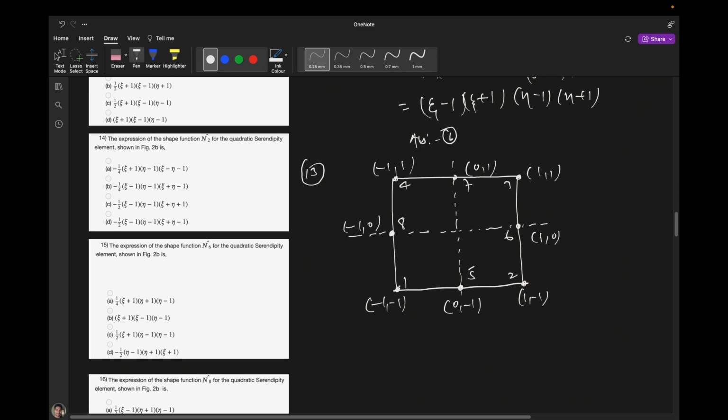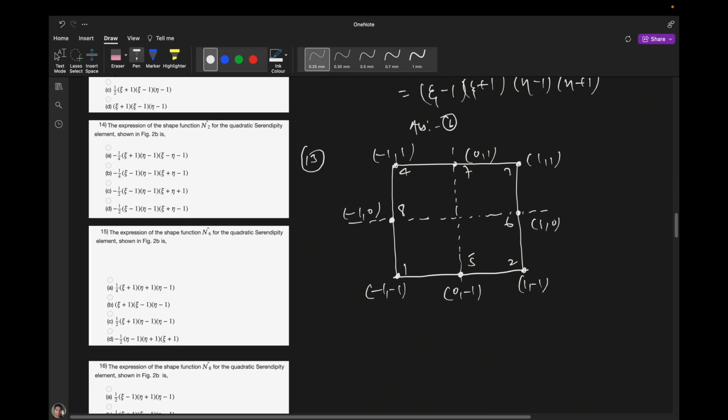Now it is saying what is the shape function in 2. Okay. So sir has already talked about it, that we can directly use linear shape function, that is the function of xi and eta, -1 by 2.